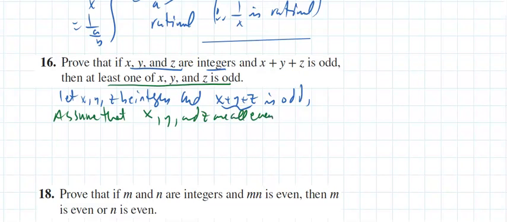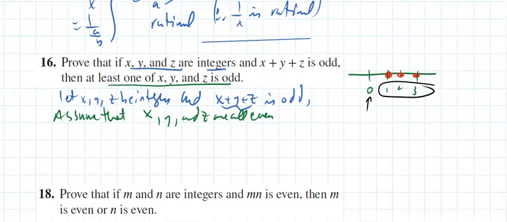So at least one. We have 3 of them, right? When you say at least one, you're saying 1 or 2 or 3, right? So if you negate that, you want to say, well, none of them are odd, which means all of them are even.